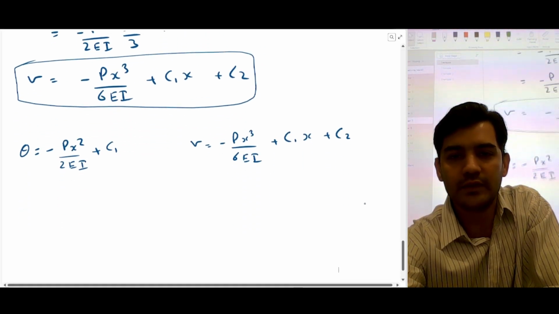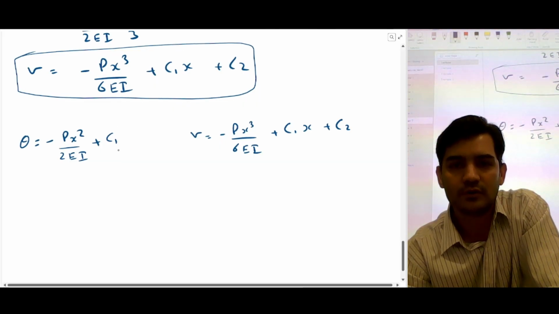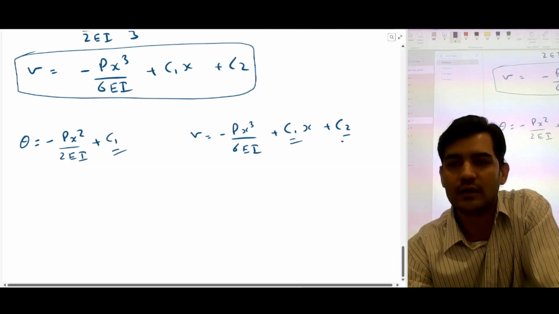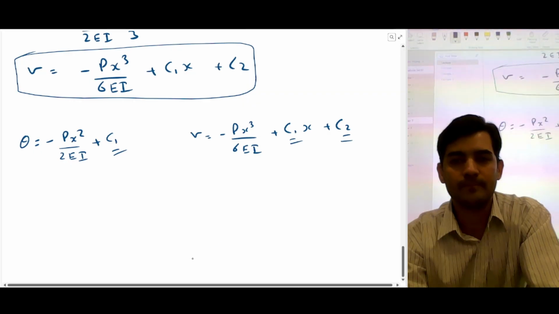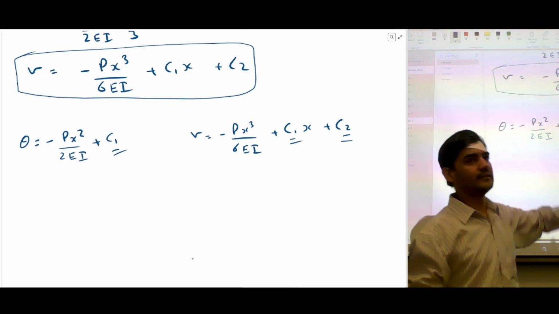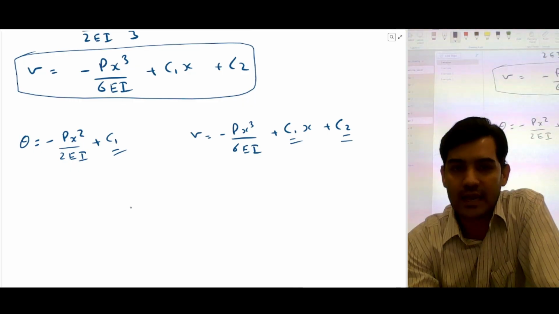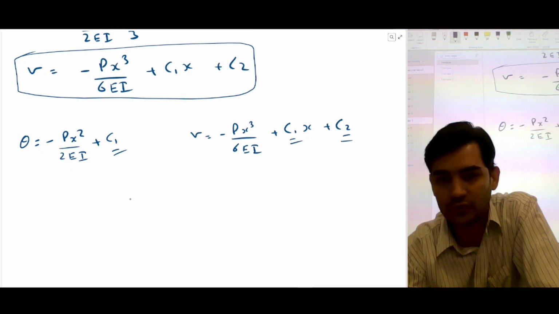So all we need to do is calculate C1 and C2, and then we'll get the final equations. We can calculate C1 and C2 by using boundary conditions.